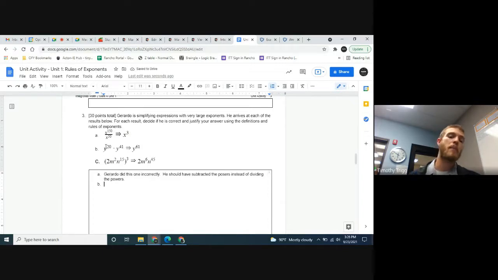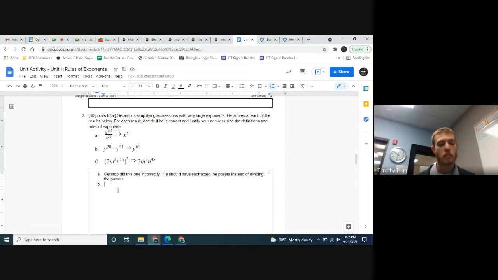Here, you have y to the power of 20 times y to the power of 41. So here they have the same base, a base of y, and we're multiplying them. So if you recall, we should add those powers. And he did, right? So Gerardo did this one correctly. So we would say that Gerardo did this one correctly because when you have the same base, you simply add the powers when you're multiplying. So if you're multiplying, you have the same base, you add the powers.